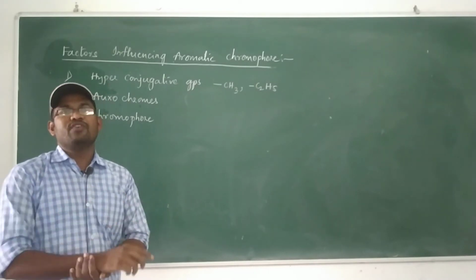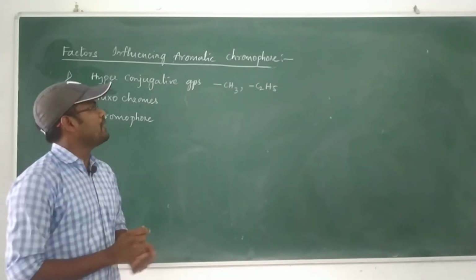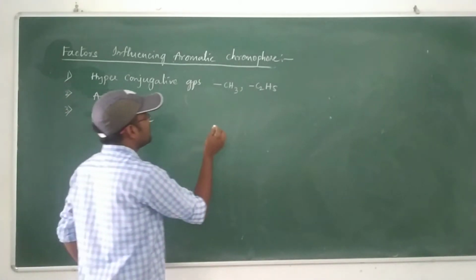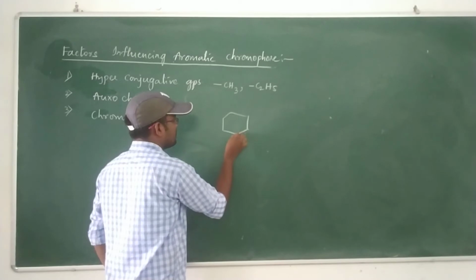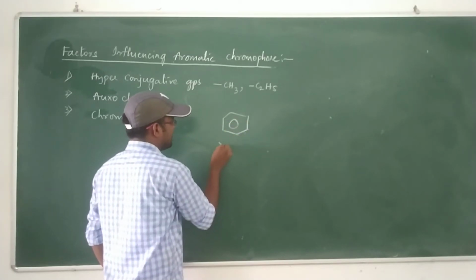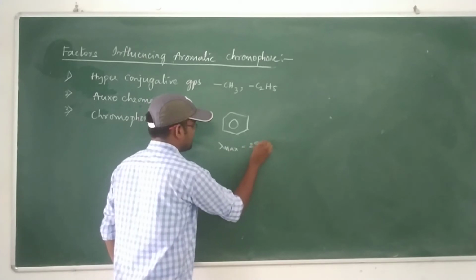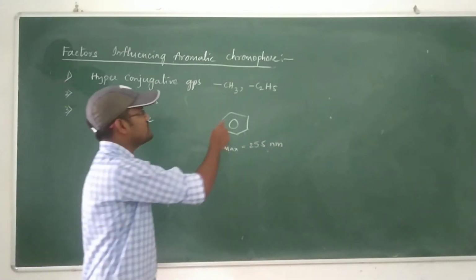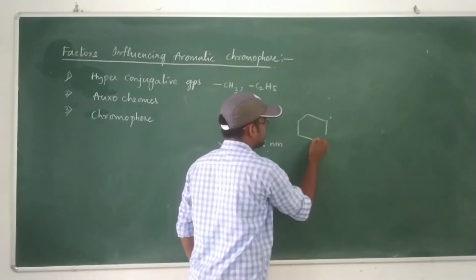The number of hyperconjugative structures influences lambda max values. So the simplest benzene gives lambda max of 255 nanometers.